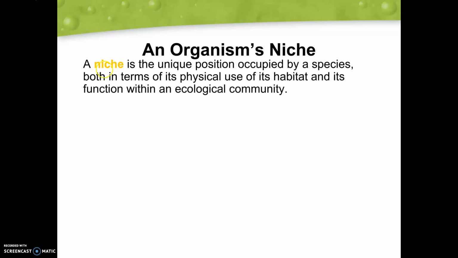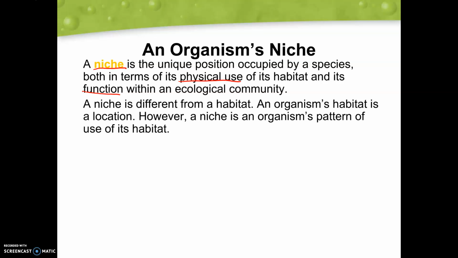A niche is a unique position occupied by a species in terms of both physical use of its habitat and function within a community. Niche and habitat are different, so it's important to note these differences. An organism's habitat is kind of like a location, where a niche is kind of a pattern of the use of its habitat.